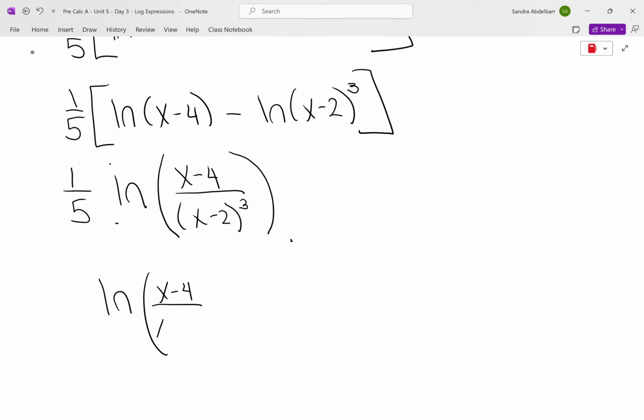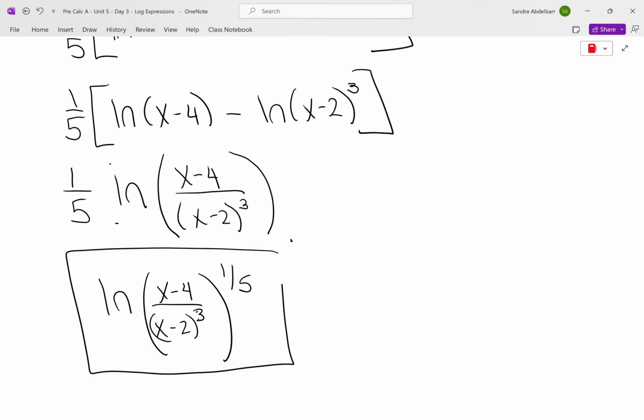So this is going to be ln, and then x minus 4 over x minus 2 quantities cubed. And then that 1/5 is going to go on top of it. So we took an expanded log and condensed it down to 1. Let's try another one.